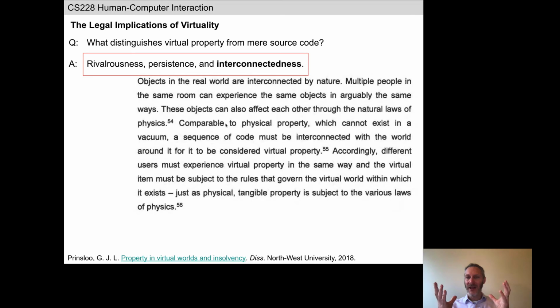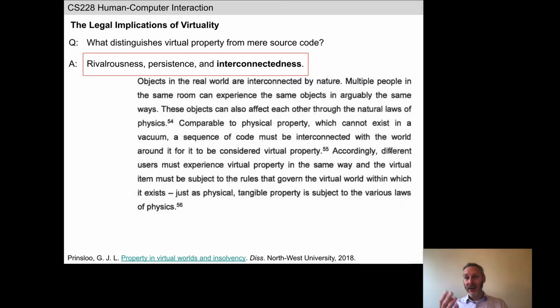If I open up a CAD system on my own laptop and spend hundreds of hours very carefully creating a virtual castle or a virtual property in my CAD system, it has value perhaps to me, but isn't really considered virtual property from the point of view of the law, because it is not connected to other people, or it's not part of a virtual ecosystem.